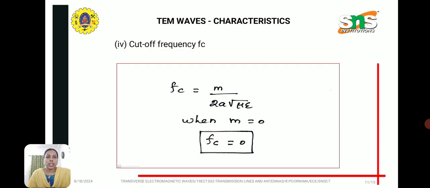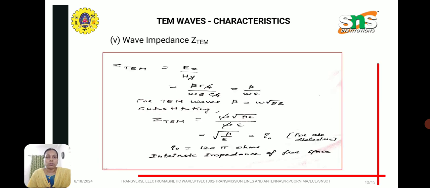Next TEM wave characteristic is the cutoff frequency Fc. Fc is given by m by 2a square root of mu epsilon. Substituting m equal to 0, we get 0. Next, the wave impedance ZTEM is given by the ratio of the electric field component Ex divided by Hy.